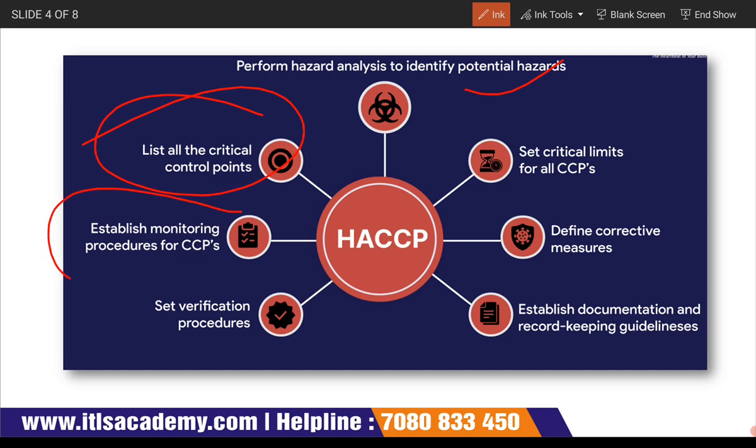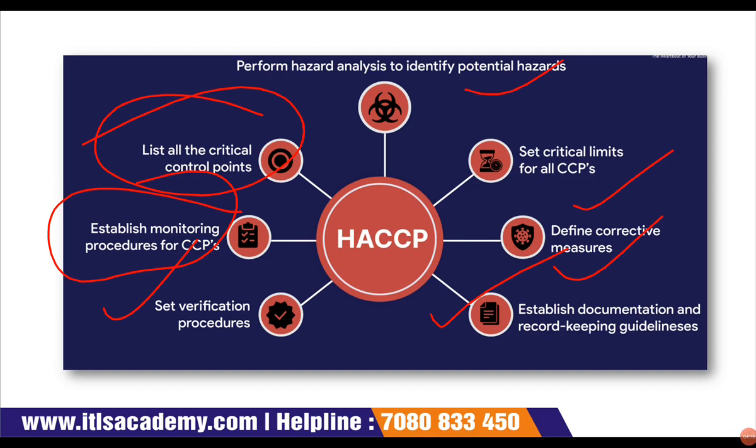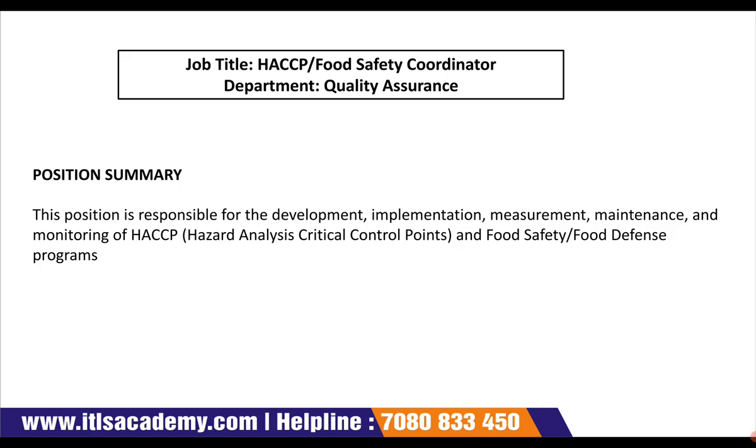Second, establish monitoring procedures for CCPs. Then set the verification procedure. Then set all the critical limits for all the CCPs. Then define the corrective measures, and the last is to establish documentation and record keeping guidelines. So these are certain principles on which HACCP works.